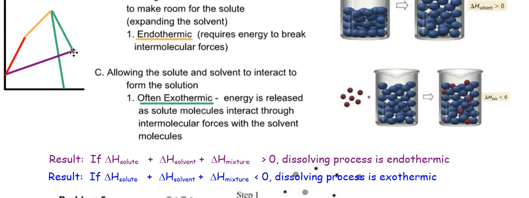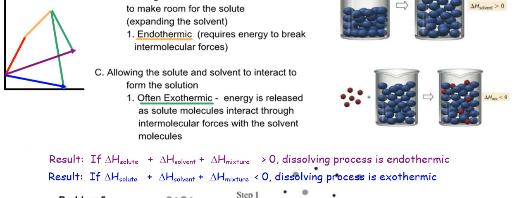Do you remember ammonium nitrate when you dissolved it in water? It got cold, didn't it? But what if the solute plus solvent plus the mixture, add them all up, is less than 0, like right here? Then the dissolving process is exothermic. That's where your calcium chloride got hot, your magnesium sulfate got hot, okay?